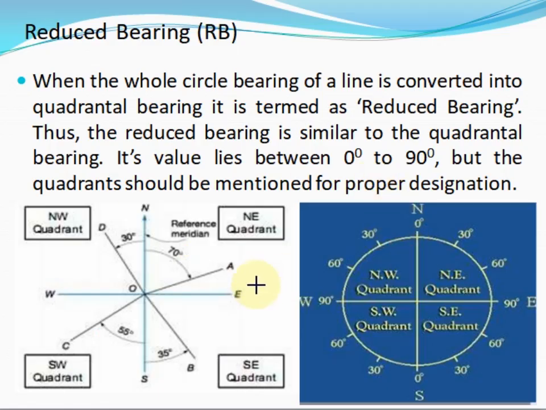Let us see here the first quadrant, north east quadrant, southeast quadrant, southwest quadrant, northwest quadrant. This is the first quadrant, this is the second quadrant, third quadrant, and this is the fourth quadrant. So if the bearings are measured with respect to north or south, let us first consider 70 degrees, which is in the first quadrant.